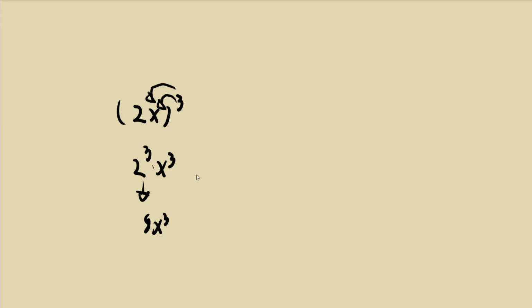Nice. And let's say we have this other example, 6 times x to the power of 3, to the power of 2. What do we do here? Here we also distribute. So first of all, we can just separate.